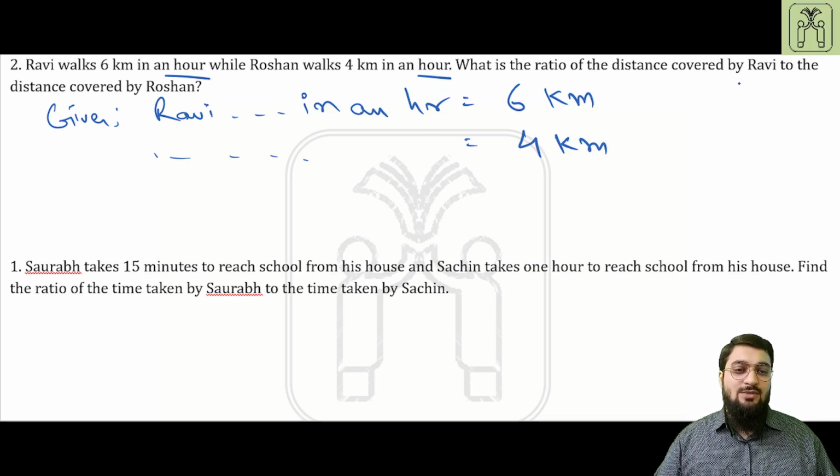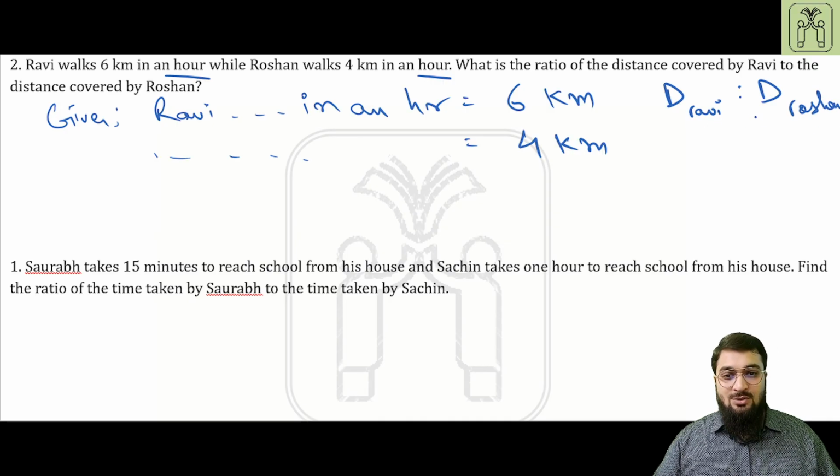What is the ratio of distance covered by Ravi to the distance covered by Roshan? So we have to find the distance covered by Ravi to the distance covered by Roshan. So basically we have to find distance of Ravi is to distance of Roshan. Okay.